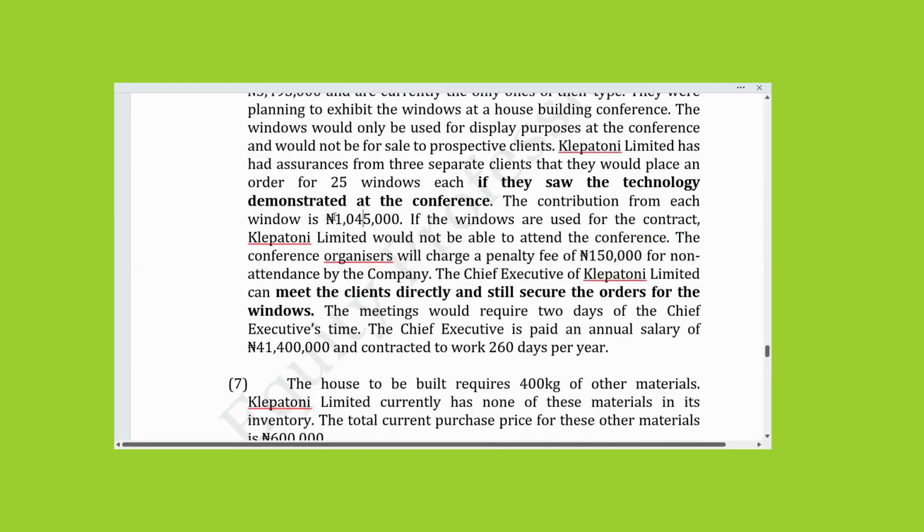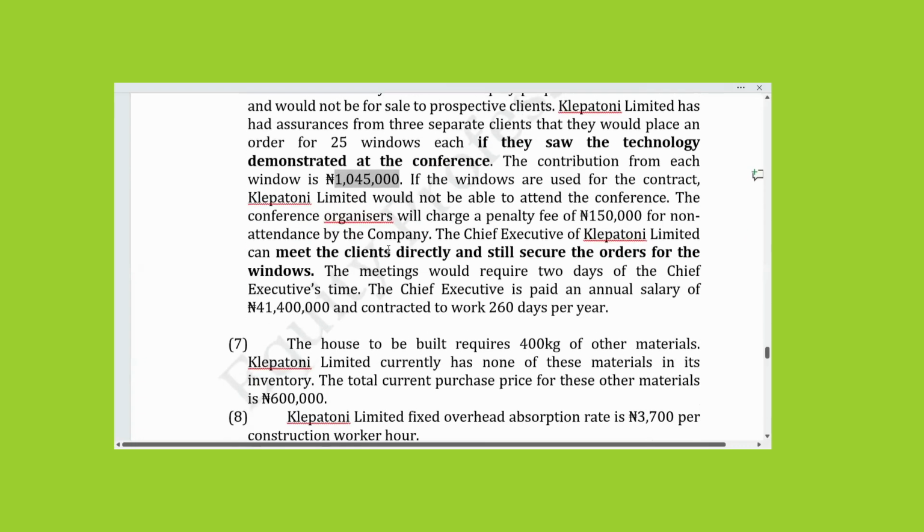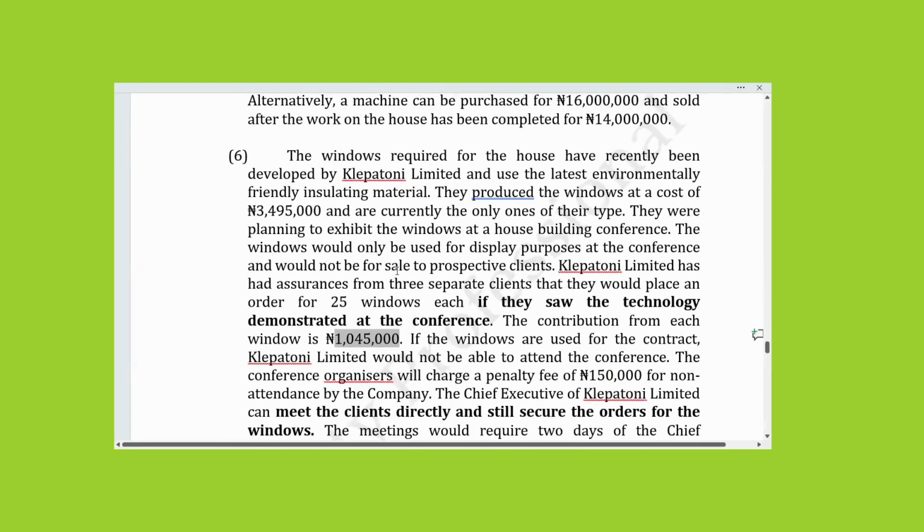The contribution of 1,045,000 naira is not lost since the company will still secure the contracts. Then finally, the executive annual salary of 41,400,000 is a fixed cost, not relevant to the calculation. So let's state that.